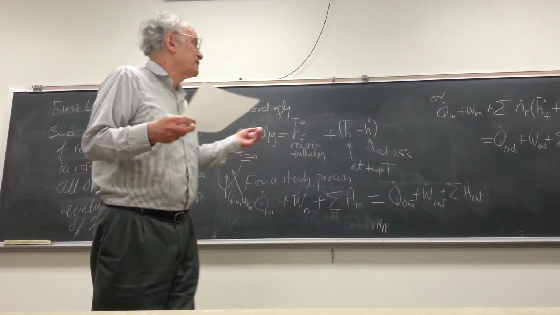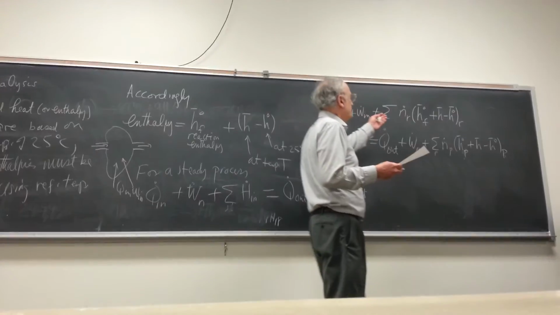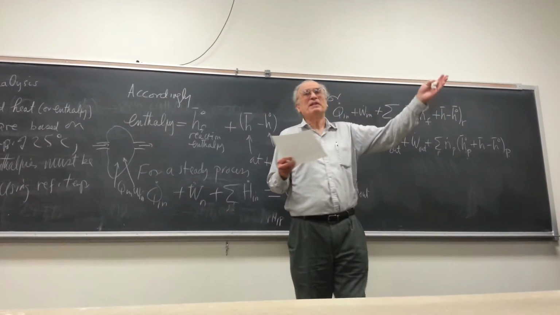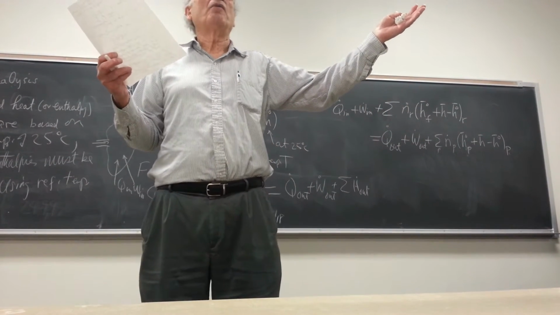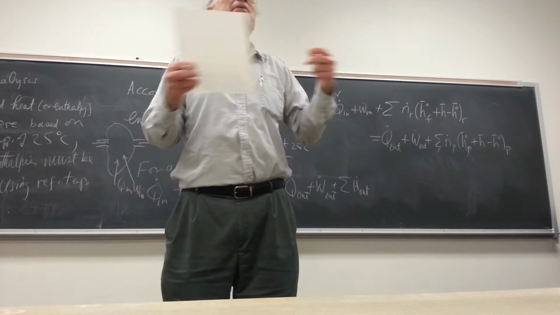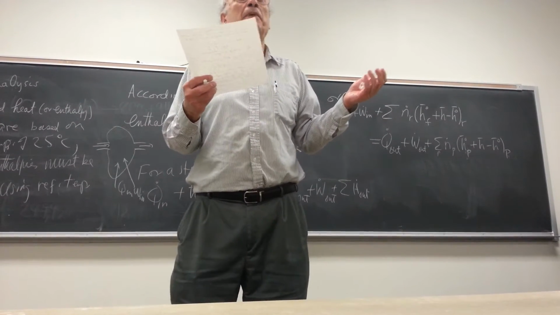This is per mole. That's a mole. If you want to divide it by the number of moles of the fluid coming through per unit time, whichever you pick as your molar ratio.